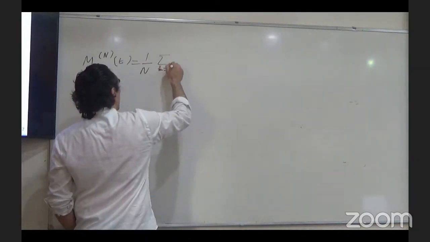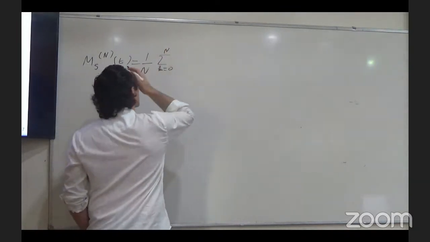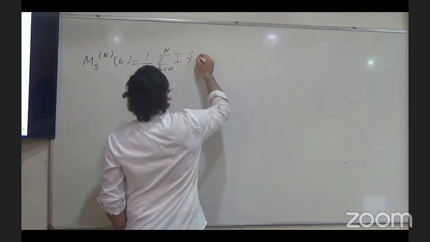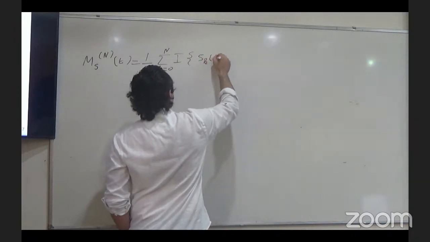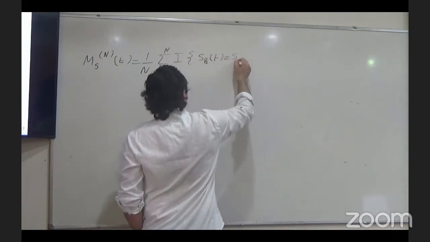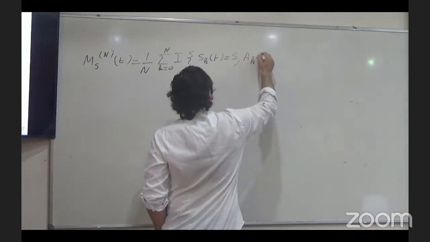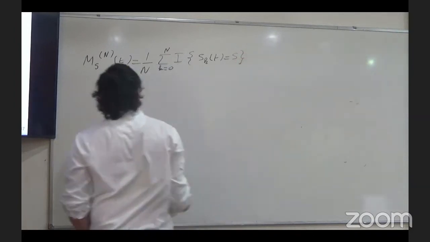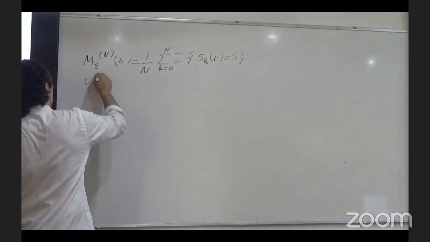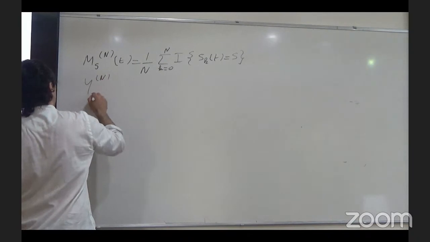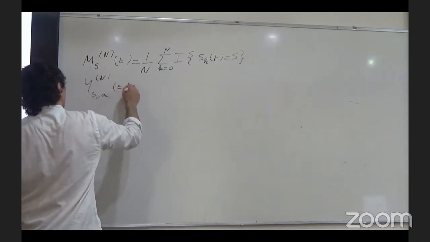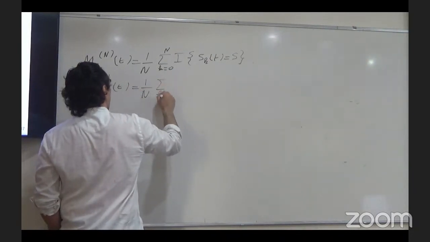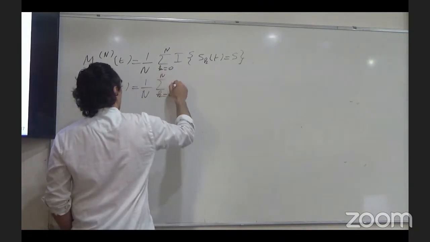The sum over k equals 0 to N of the indicator of Sk of T equal to S and Ak of T equal to A. And that's it. Okay. And I will define Y_N of SA of T, which is equal to 1 over N times the summation over k of this function.